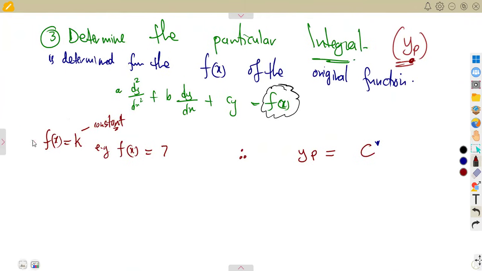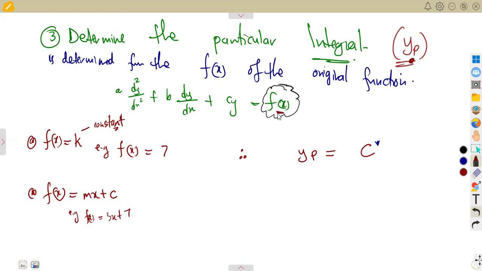You can also have your f of x as a linear expression, meaning we are talking about the form mx plus c. Remember the linear equation. For example, f of x is given as 3x plus 7. It's a linear part.